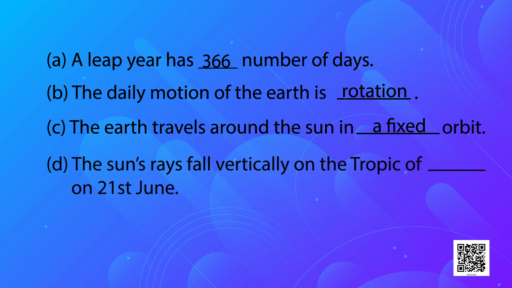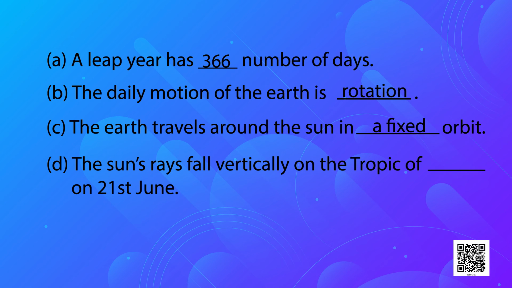D. The sun's rays fall vertically on the Tropic of dash on 21st June. Students, we know that 21st June is the summer solstice, and on that day, the Tropic of Cancer faces sun rays vertically.